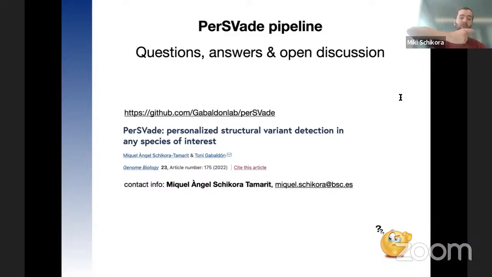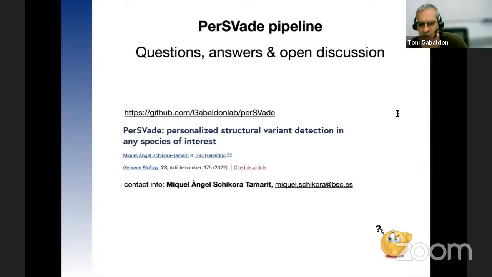We picked them because people found out in other benchmarks that they were among the top ones. PerSVade is not really a new software; it's just the optimization of the parameters. So whether it's better than another software really depends on which parameters you're using. That's why we didn't compare it specifically.